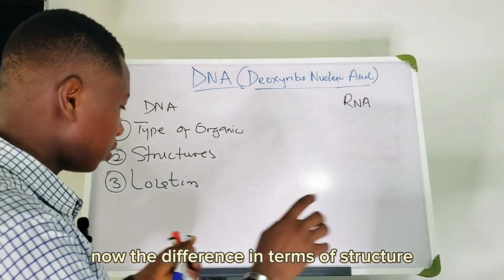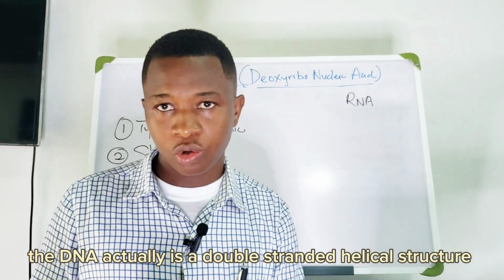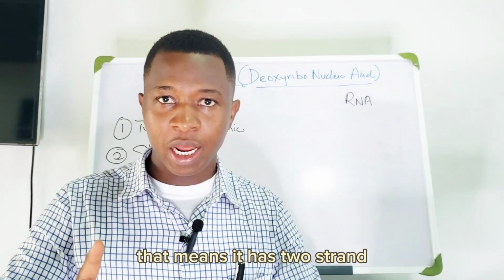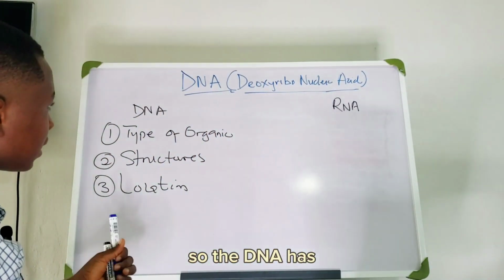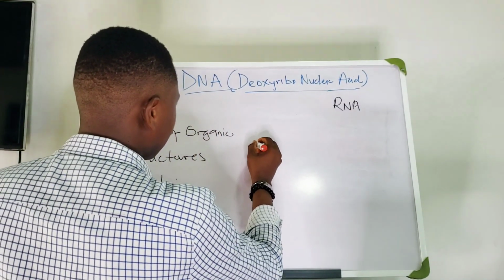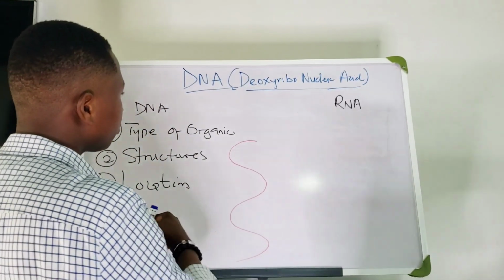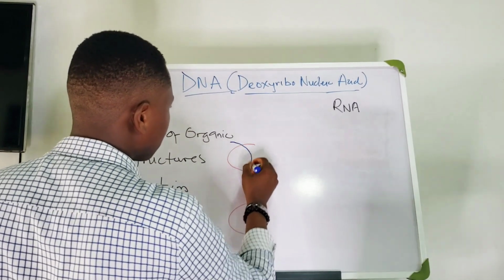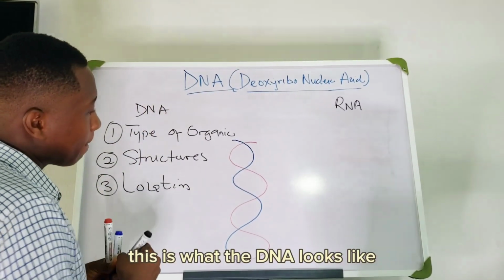Now, the differences in terms of structure: the DNA actually is a double-stranded helical structure. That means it has 2 strands and it looks like a twisted object. All right, so the DNA has a structure just like this. This is what the DNA looks like.